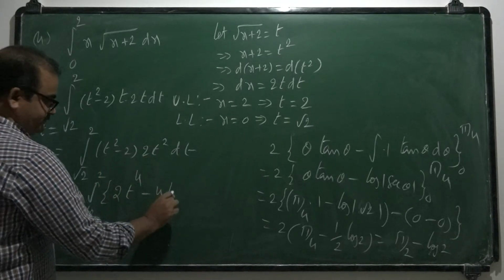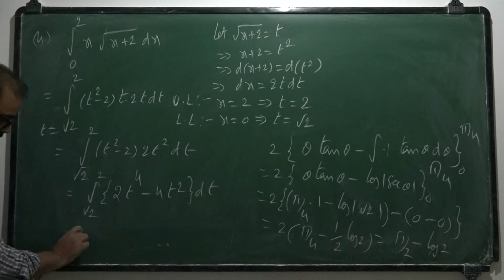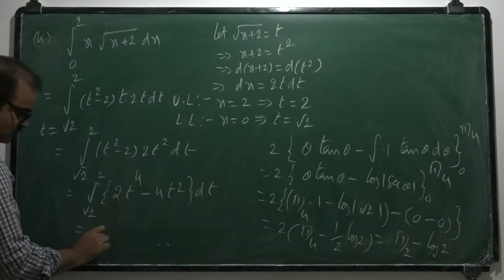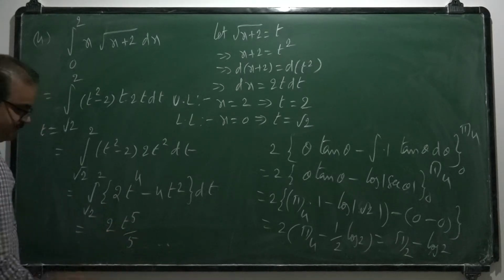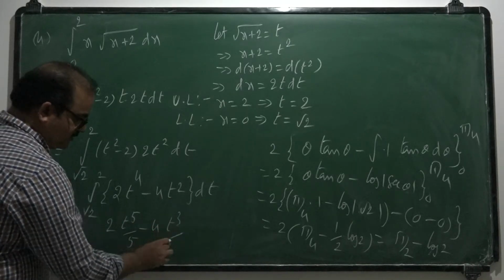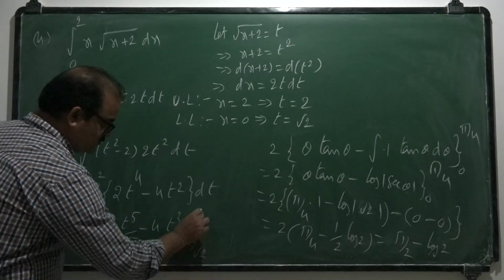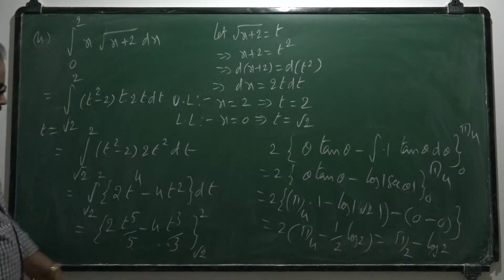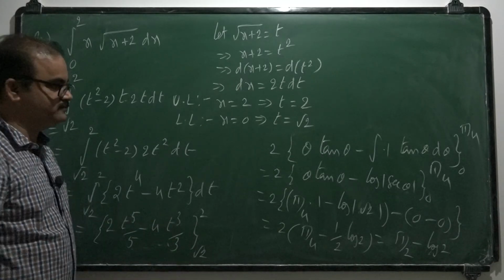t square into dt. Now integrate 2 into t power 4, that is t power 5 by 5 minus 4 into integral t square, t cube by 3 between the limits root 2 to 2. First take upper limit and then take lower limit.